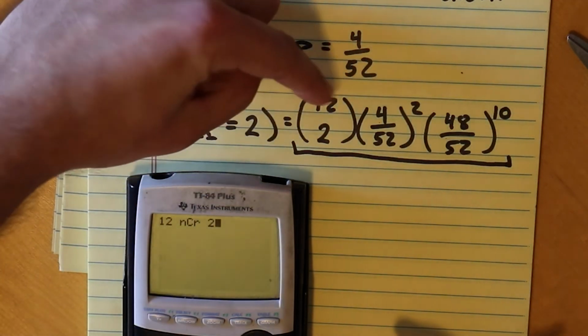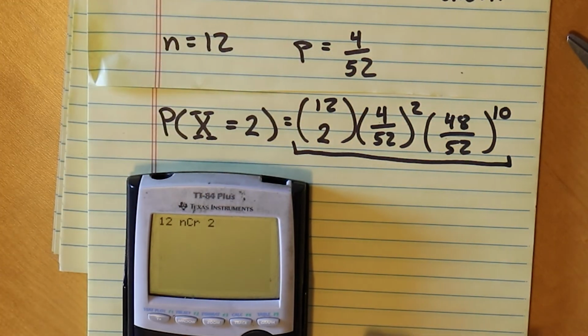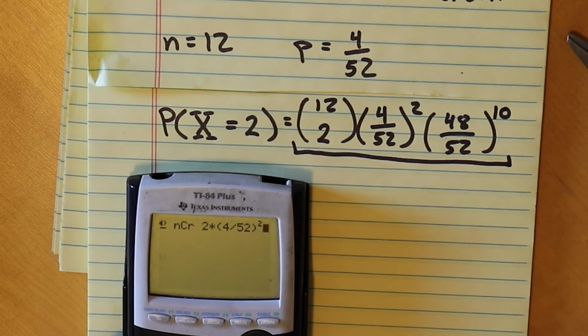So this is 12 choose 2. And the number of ways that you could choose 2 things out of 12 times the probability of success squared, because I'm looking at the 2 successes, times the probability of failure. And if there's 2 successes, there's 2 free lunches, it's going to be 10 people that have to pay.